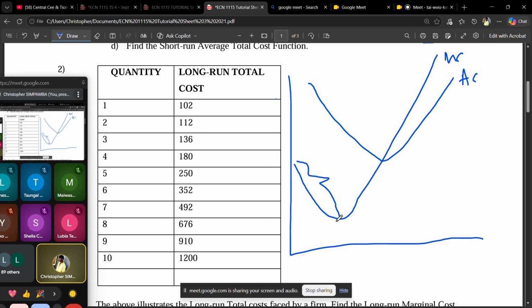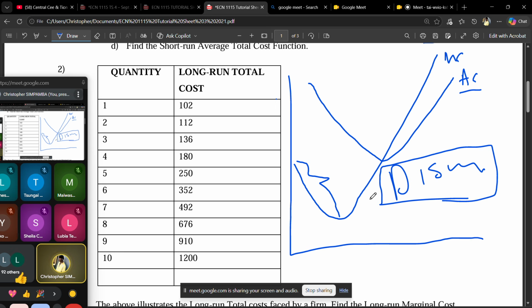As marginal cost rises, average cost can still be decreasing, not until marginal cost cuts it at its minimum. That is when our average cost will increase. This is due to diminishing marginal returns. This is what I was basically illustrating yesterday to say they cut at the minimum because of diminishing marginal returns.